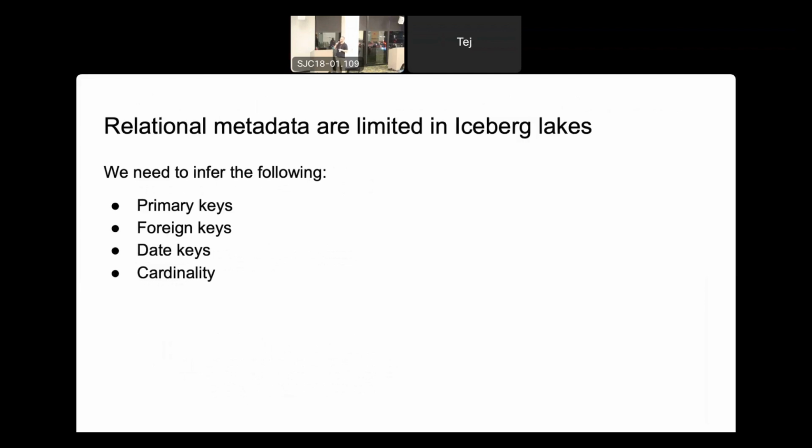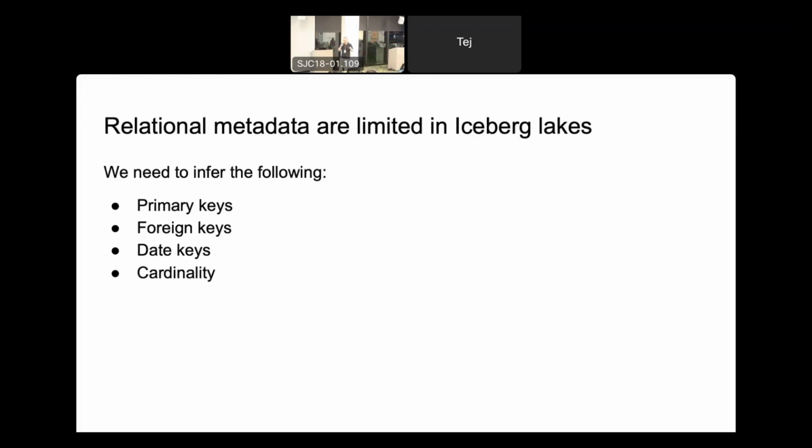In Iceberg, the relational metadata that are out of the box are pretty limited. So really what we're trying to infer for an ERD, an entity relationship diagram, is primary keys, foreign keys, date keys. So many tables might have numerous dates, but the one you might be most interested in for analytical purposes is one particular one, probably the date at which the event was emitted or the physical real world transaction was created.